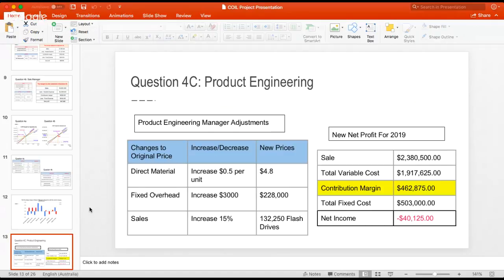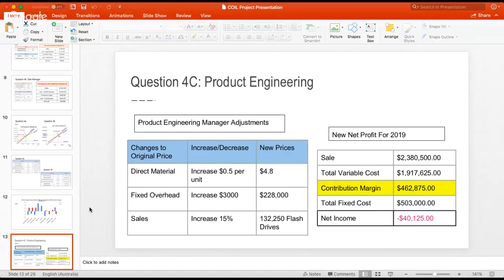Continuing on with the what-if analysis, we had a look at what effect an increase in direct materials and factory overhead, causing an increase in sales, would have on the profit. Unfortunately, this had a negative impact as it increased the net loss by $125, and the contribution margin has also increased by $2,875.